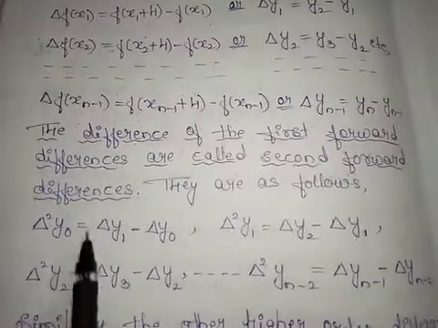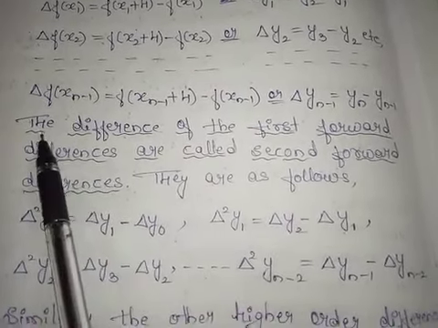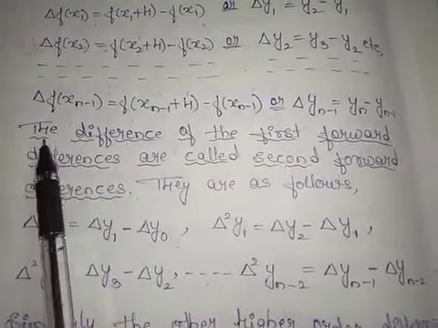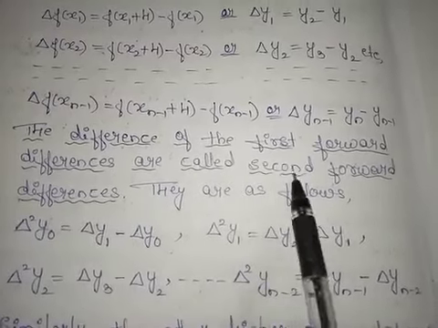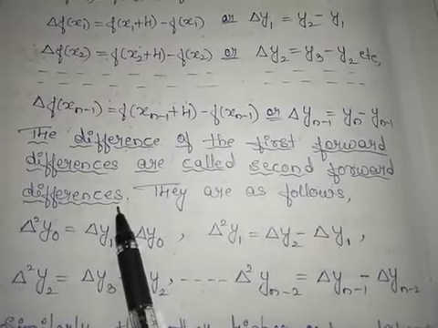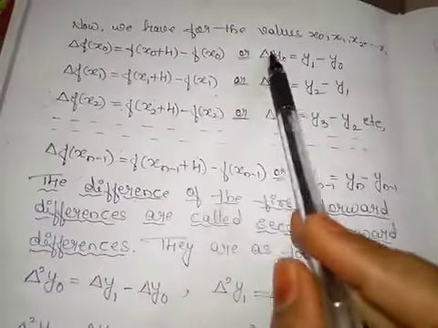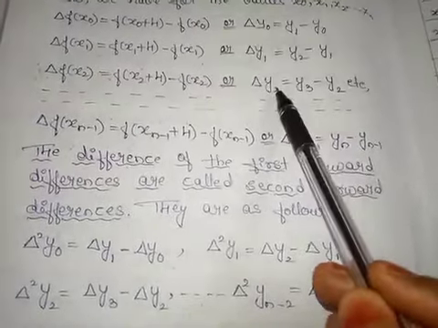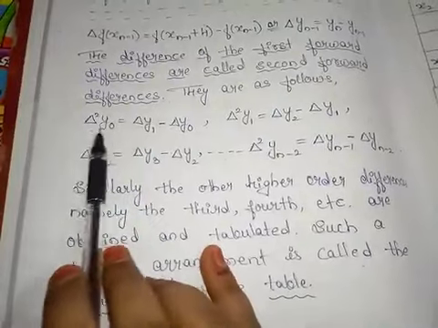Next, we define the second forward difference values. For that, see here, the difference of first forward differences are called second forward differences. What it means here? These are the first forward differences. When we take the difference of these first forward differences, we will get the second forward differences. See here, you will get the idea. What is second forward difference here?